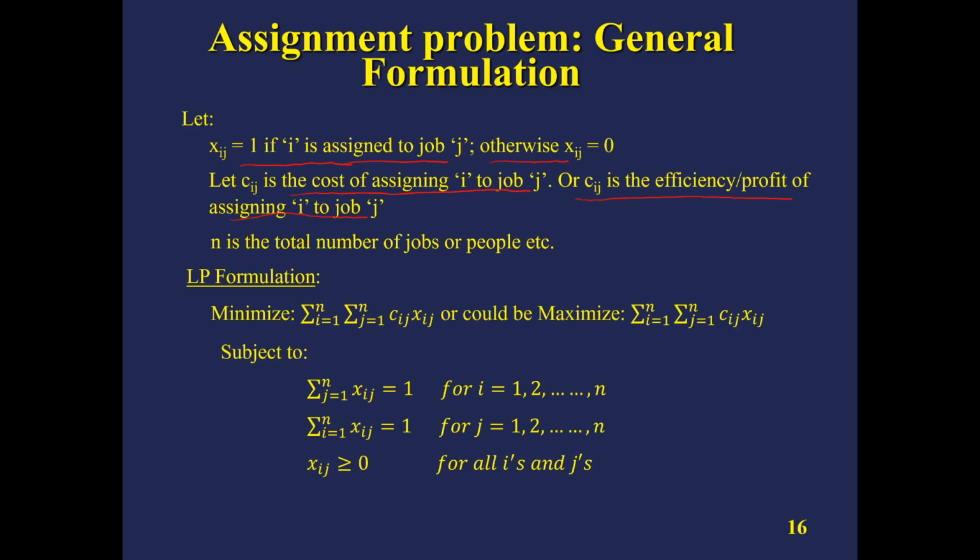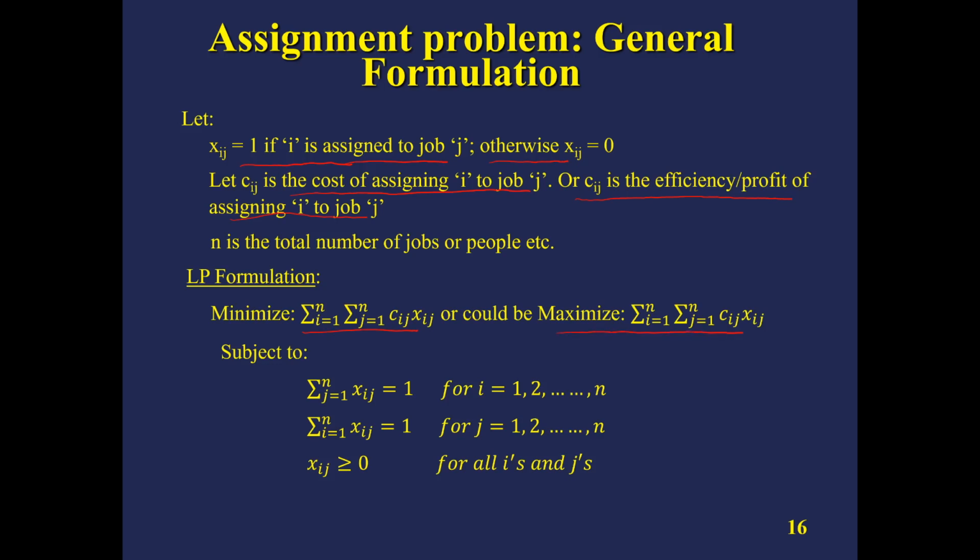So the formulation is that we minimize the sum over i equal to 1 to n and j equal to 1 to n of Cij xij if it is a minimization problem, or maximize this if it is a maximization problem.